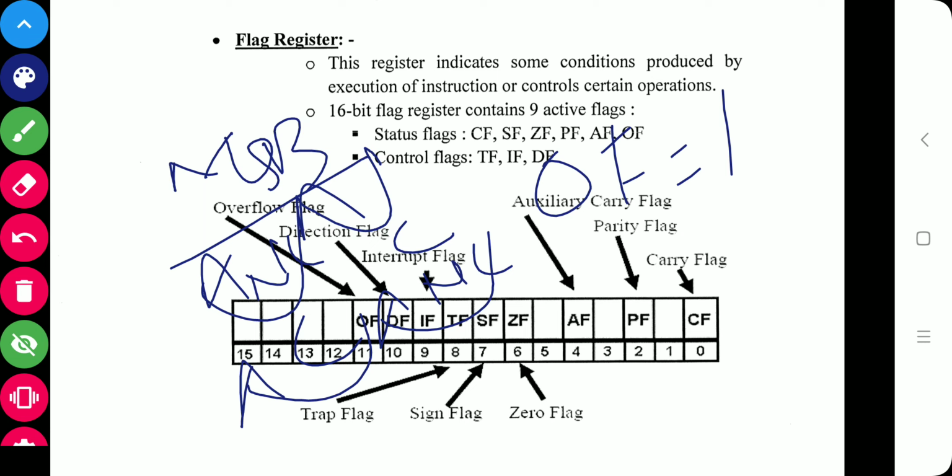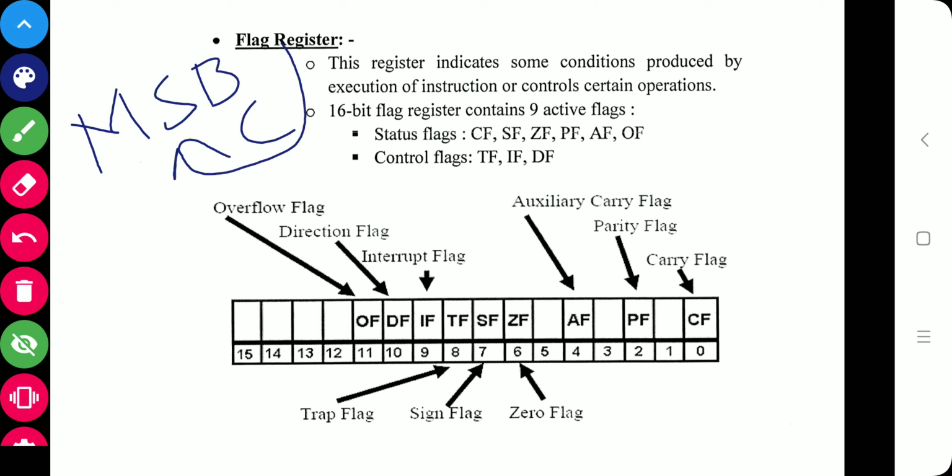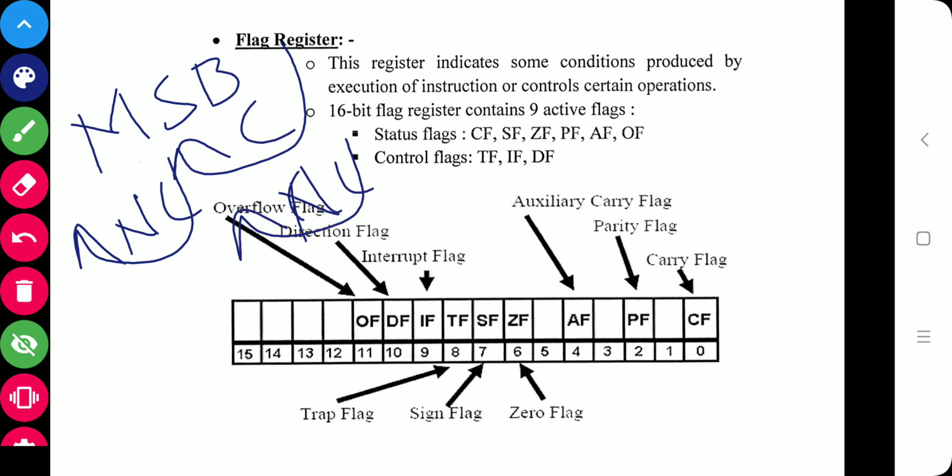So these are the status flags: carry flag, sign flag, zero flag, parity flag, auxiliary carry flag and overflow flag. I will explain the overflow flag again. If there is a carry into the MSB and no carry out of the MSB, and if there is no carry into the MSB and a carry from the MSB, in that case OF is 1, otherwise it is 0.